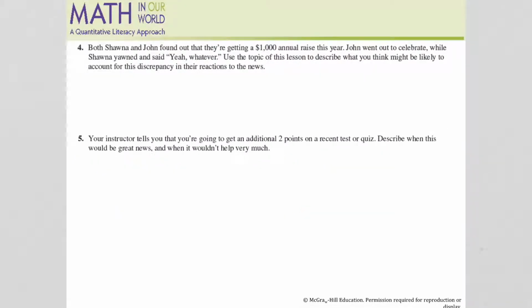Both Shauna and John found out that they're getting a $1,000 annual raise this year. John went out to celebrate, while Shauna yawned and said, yeah, whatever. What do you think might be the discrepancy for their reaction? So John liked that he was getting $1,000. Shauna didn't really care. So we could say that Shauna probably makes a lot more.